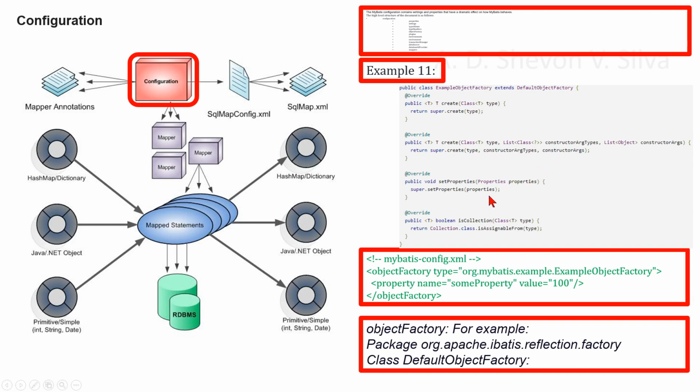Finally, the setProperties method can be used to configure the object factory. Properties defined within the body of the object factory element will be passed to the setProperties method after initialization of your object factory instance.